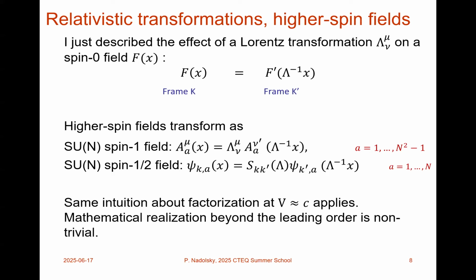In that case, you transform not only the coordinate x inside the field, but you also transform the components of the fields according to the rules given by the Lorentz transformation. Still, you apply the same intuition about factorization.